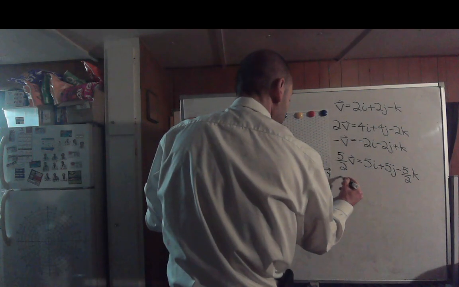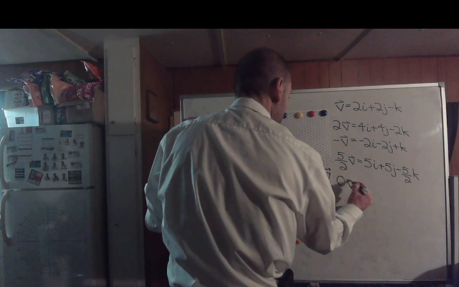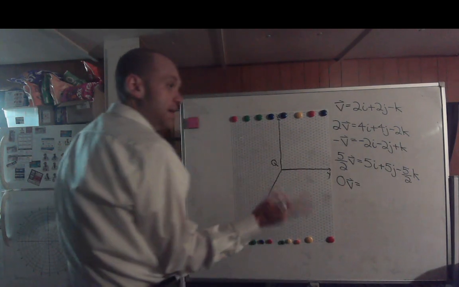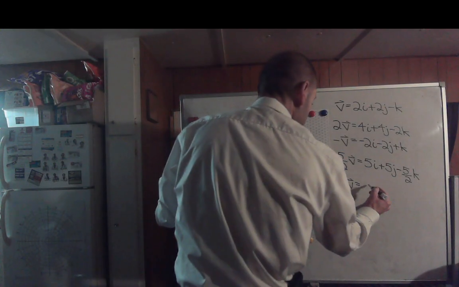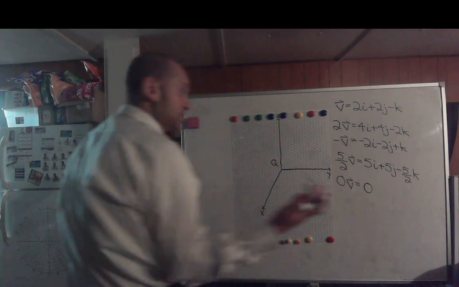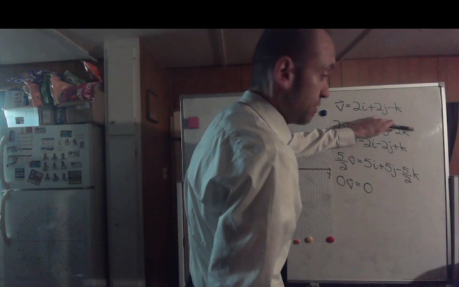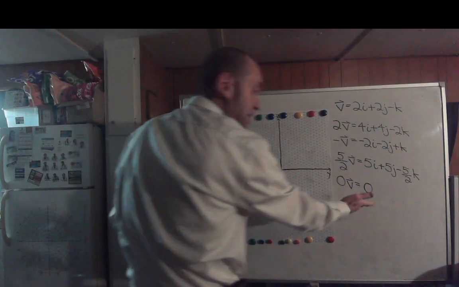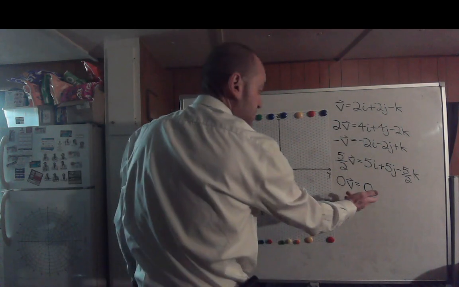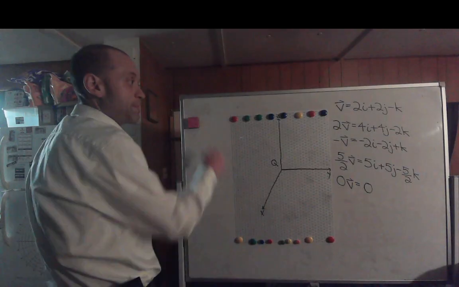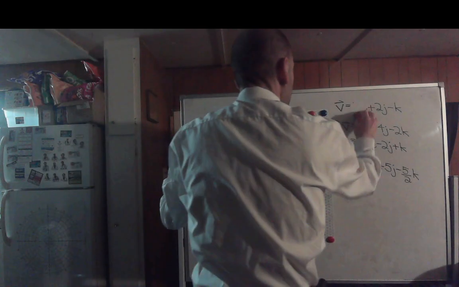Now, if I take 0 times vector v, in linear combination, this would just be 0 to denote the zero vector. I don't have to sit there and write 0i plus 0j minus 0k. I can just write 0. That would denote my zero vector.